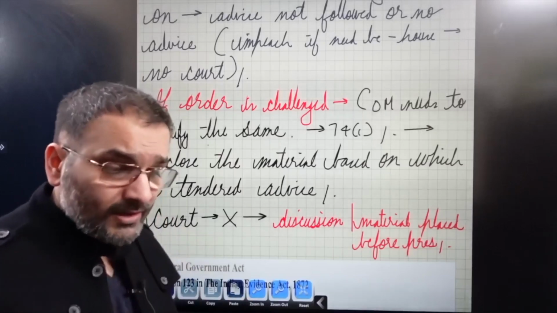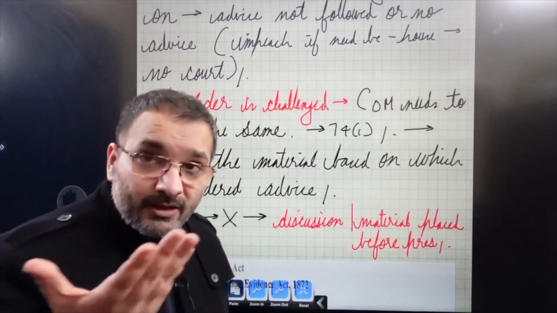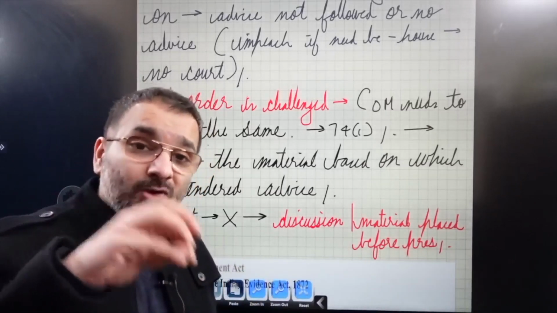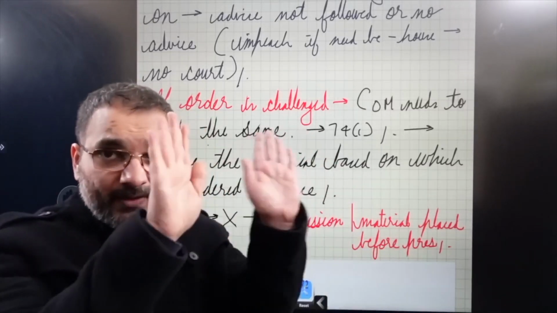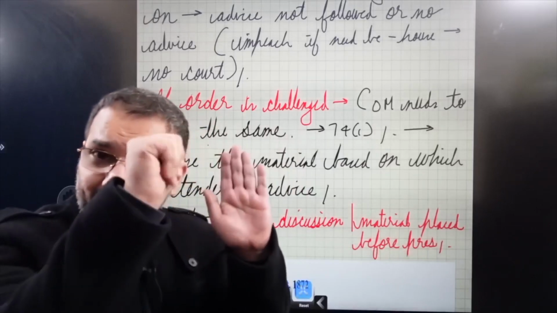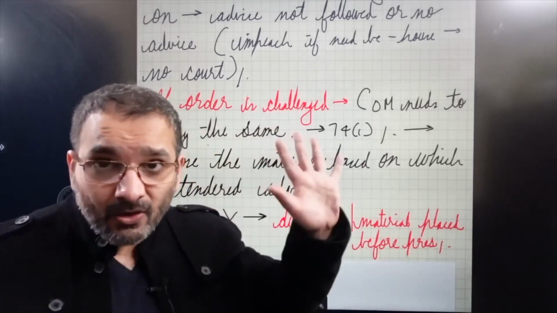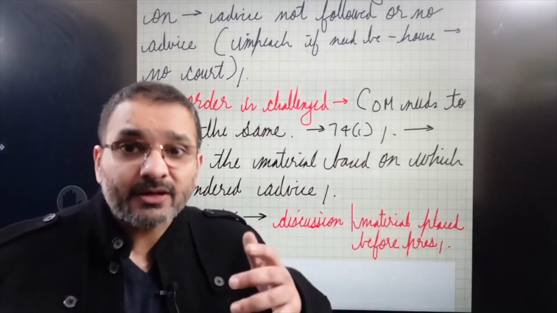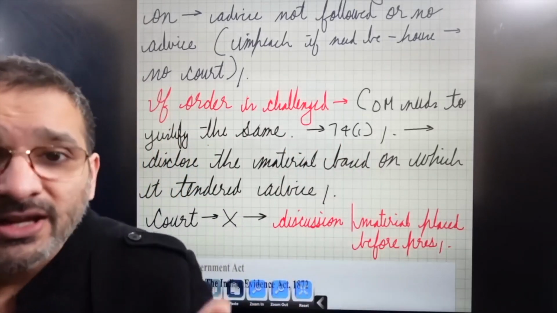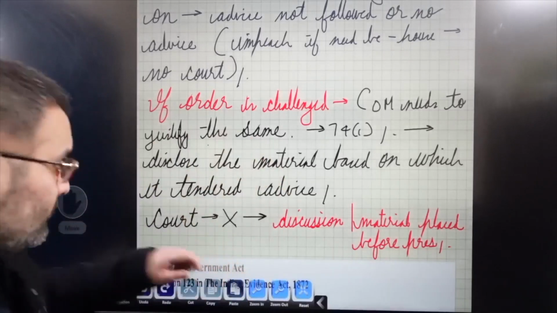The court only wants to consider the material based on which the advice was formed. So there are two stages. There is material based on which advice is formed, and advice, this is protected, but this is not. So the court can ask the Council of Ministers to submit before it the material based on which it tendered such advice to the president.